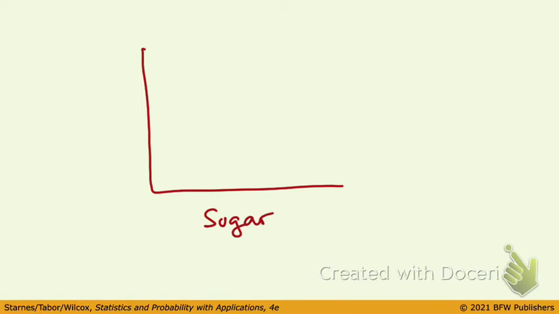So literally sketch, okay? So X and Y axis. You've got sugar on the X axis. You've got calories on the Y axis. And then you're just literally sketching what you see. So just try to match the pattern of your scatter plot.